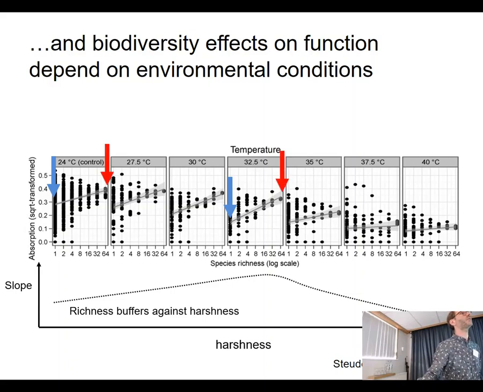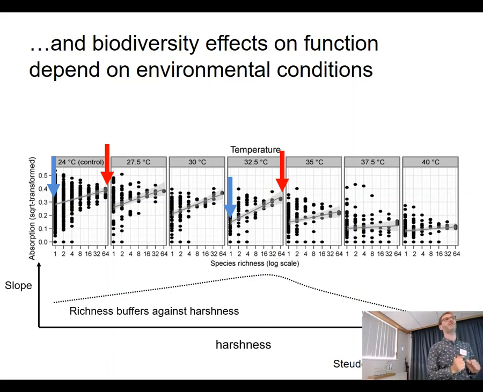If you make the same exercise for the highest diversity levels, so those that contain 64 species, the effect on the production is much smaller. And this is the classical example of the portfolio effect. So the more species you have, the more compensations you have. When one species is sensitive to temperature, another species would compensate for that. So the more species you have, the bigger this buffering effect gets.